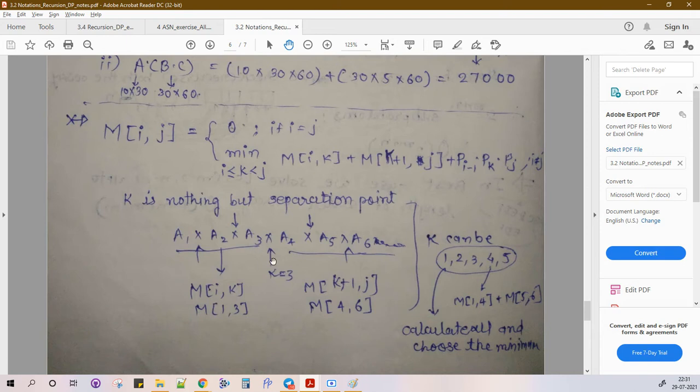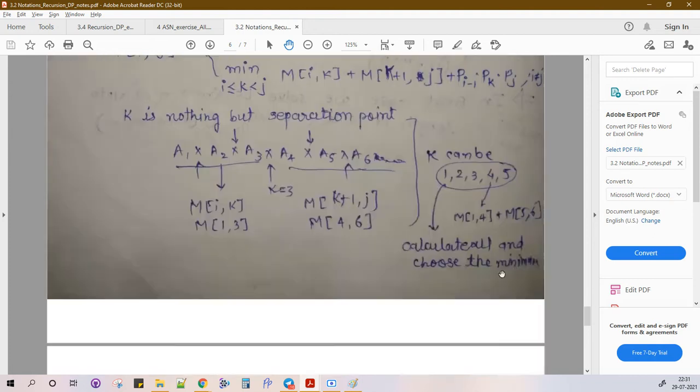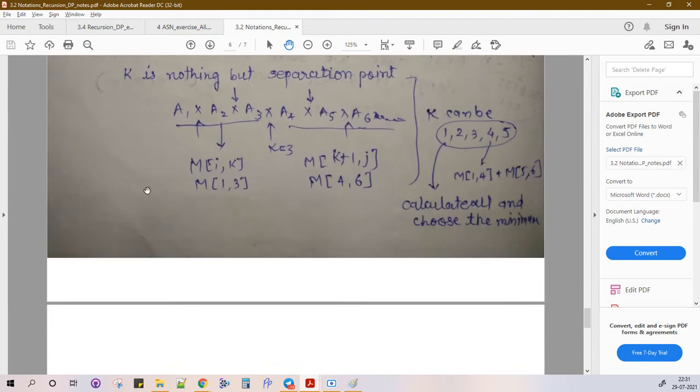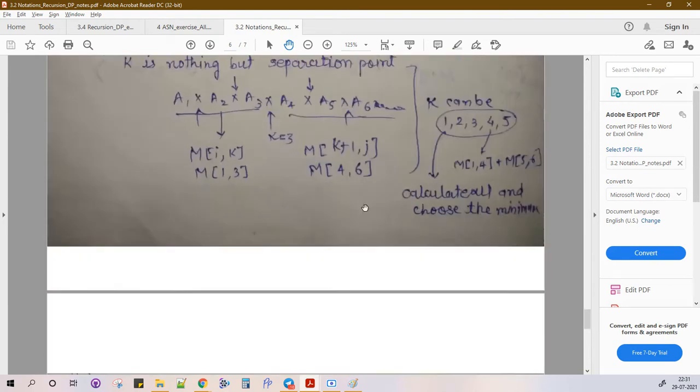If k equals 3, p3 is the number of columns in A3, p[k], multiplied by the number of columns in the last element A6, which is p[j]. Once we solve this with numericals, this formula will be very clear.